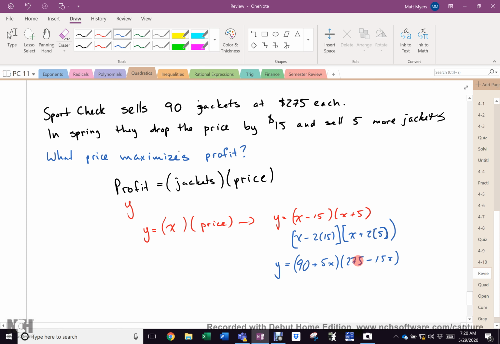So there is a quadratic formula. If you expand that, if you do FOIL there, you're going to get an ax squared plus bx plus c. You're going to get a quadratic, and then you can find the roots and the vertex and everything.